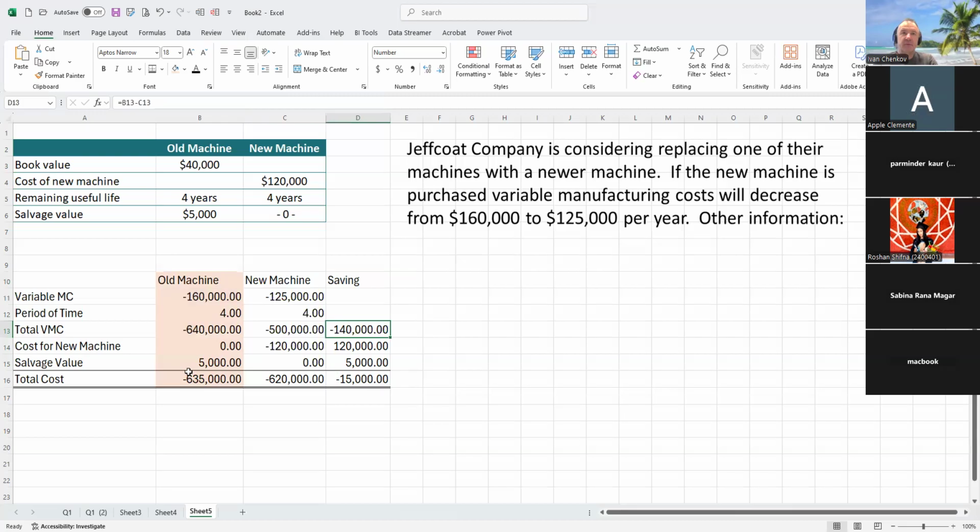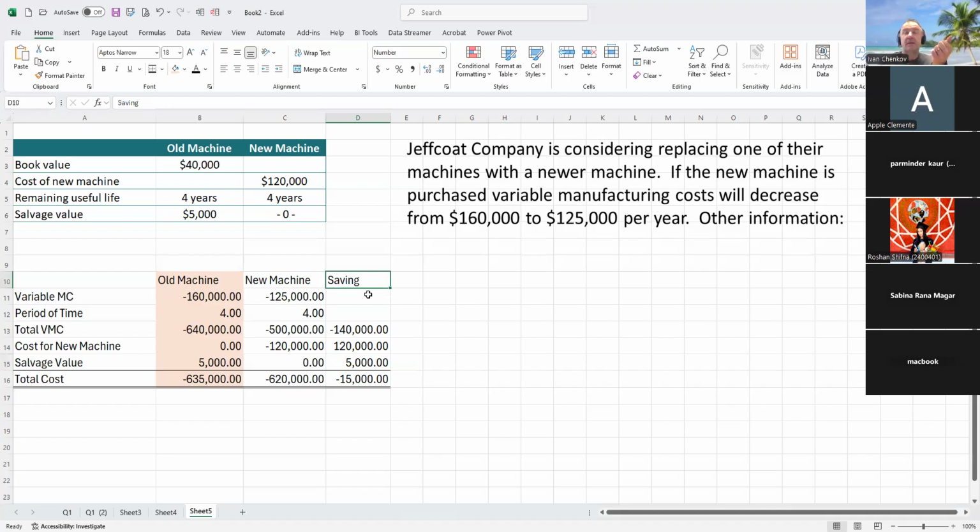If I keep the old machine, am I going to save money? No. I have to pay $140,000 more. Okay, but I don't have to buy the new machine. And if I keep it, at the end of the useful life, I can sell it for $5,000.